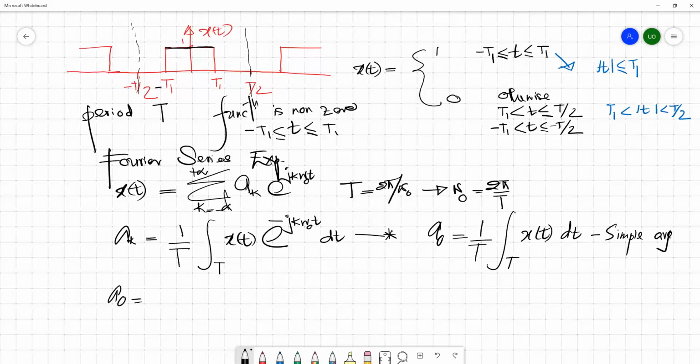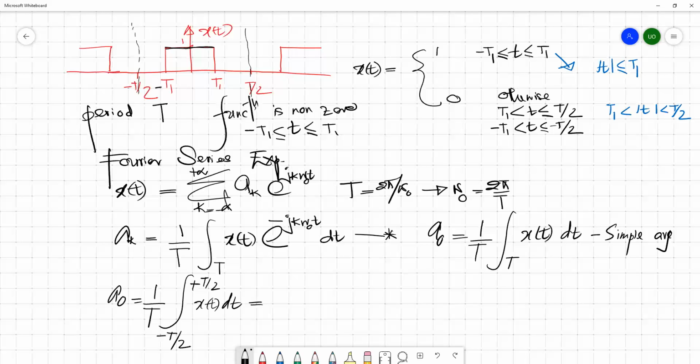a_0 equals 1 over T. This is our period, so we need to perform an integral over a period. For this case, it's minus T by 2 to plus T by 2, x(t) dt.